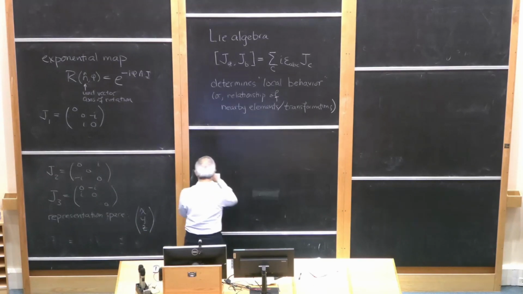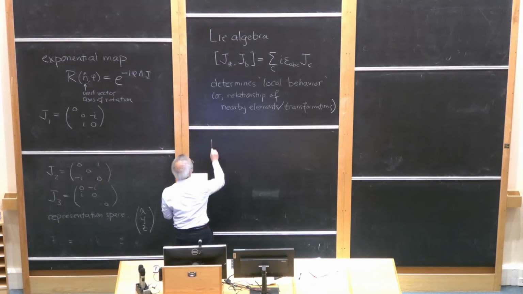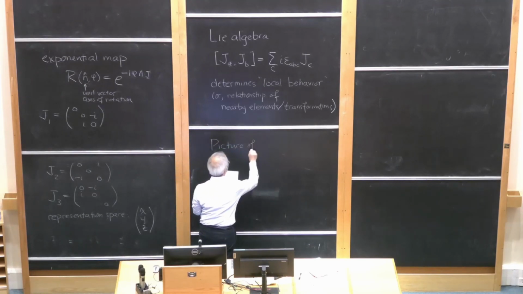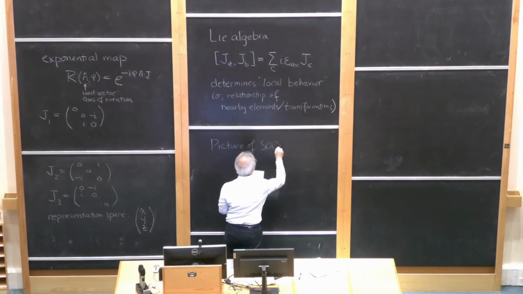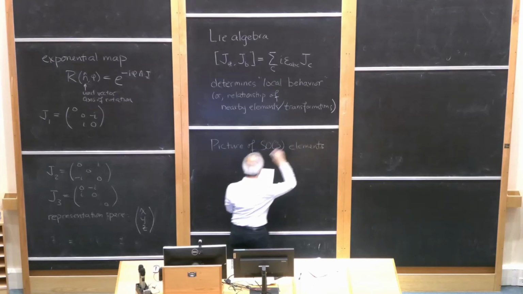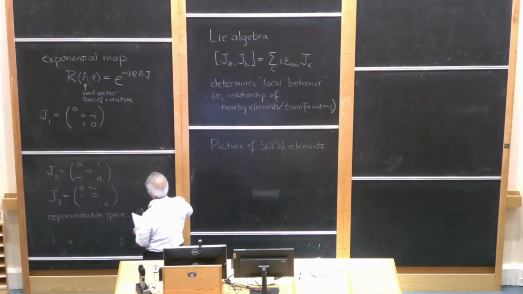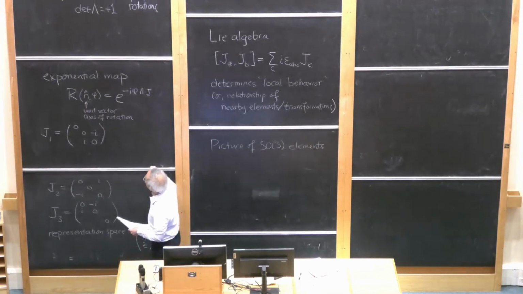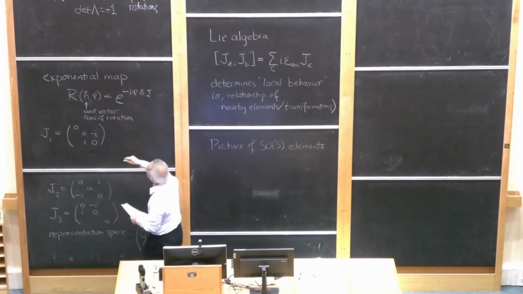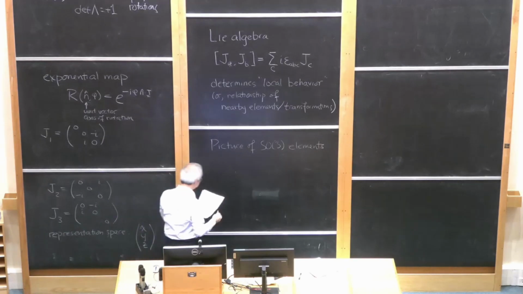So you can think in terms of a picture of SO3 group elements. Now, as I said, you actually have 3 degrees of freedom. You have a unit vector, so that's 2 degrees of freedom, and then you have your rotation angle.